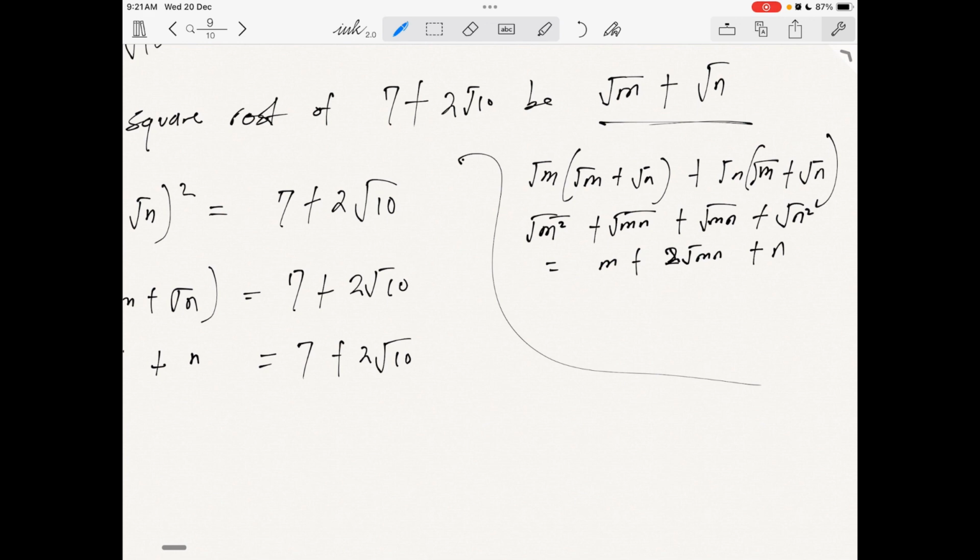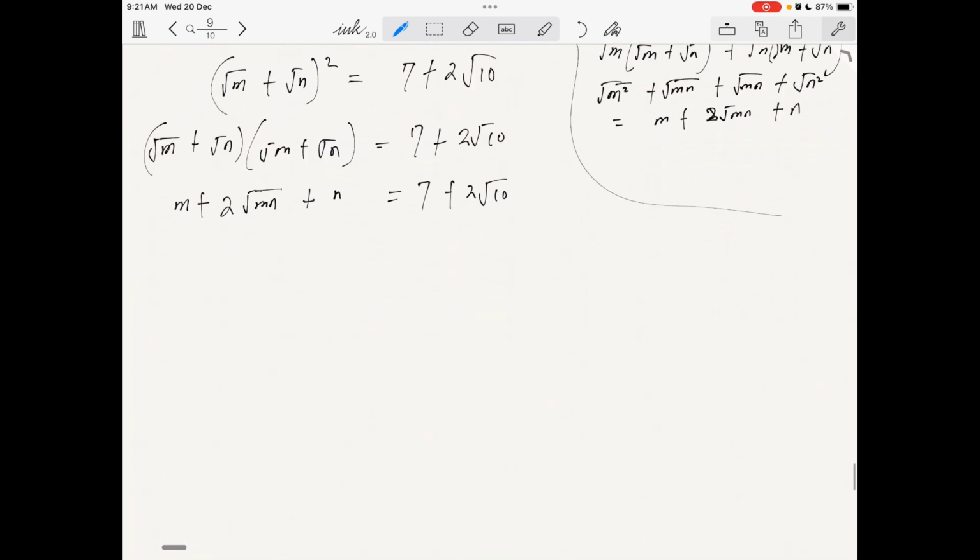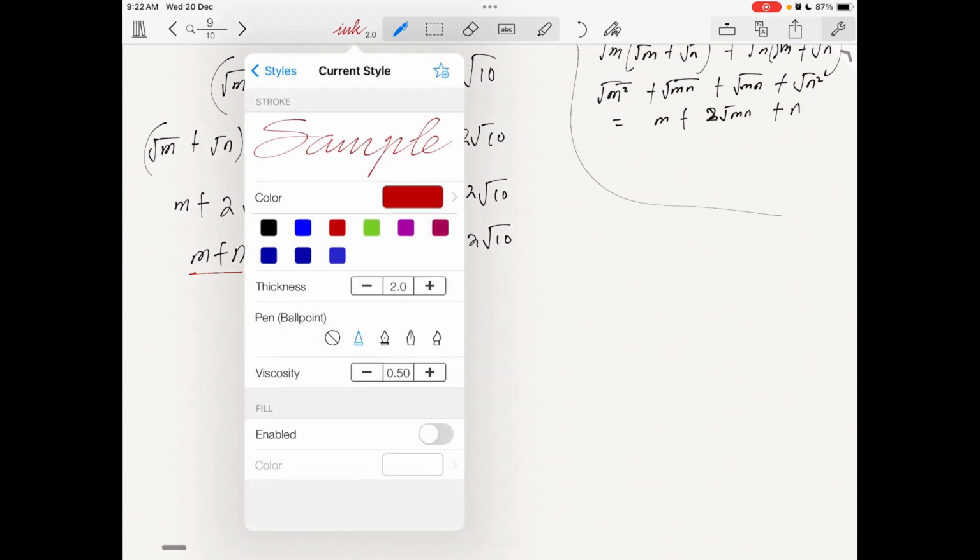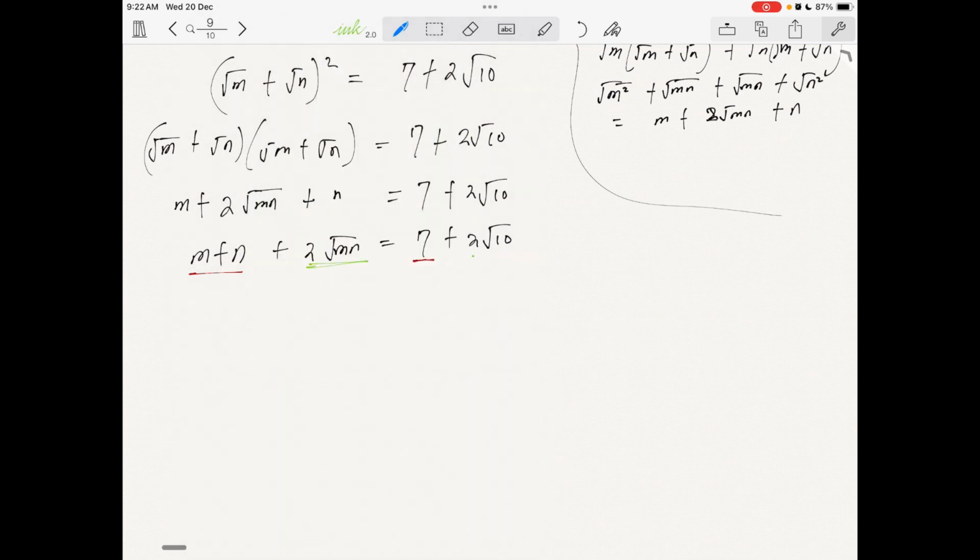So in that case, we will bring the one without root to one side and the one with root to the other side. So we have m plus n plus 2 root mn is equals to 7 plus 2 root 10. In that scenario, we have to compare this to this, and then compare this to this.